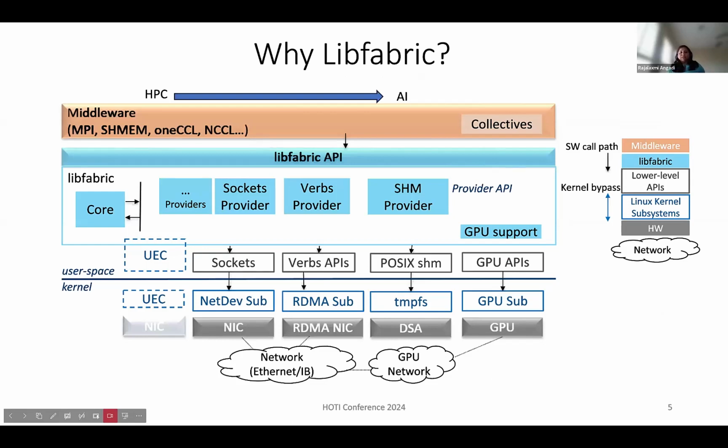This is a zoomed in image of Libfabric, but it's an abstracted view. It's not really showing the exact layering or all exact components of Libfabric, but it is a good abstracted view to help us understand things. Let us see from the bottom. At the bottom, we have different fabrics hardware along with its kernel counterparts.